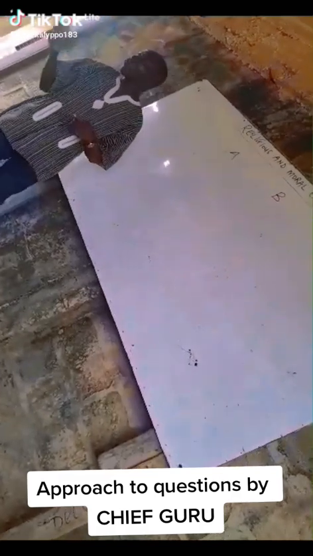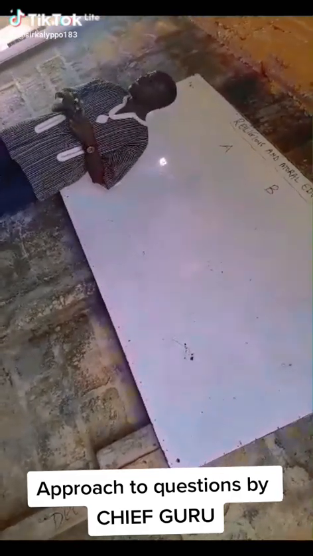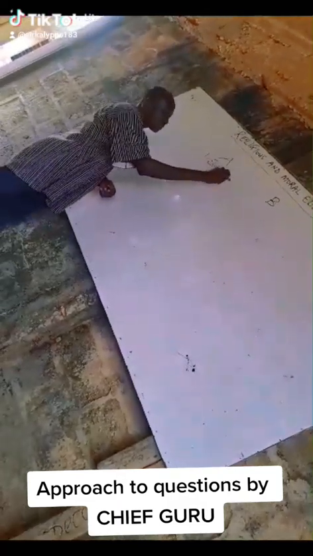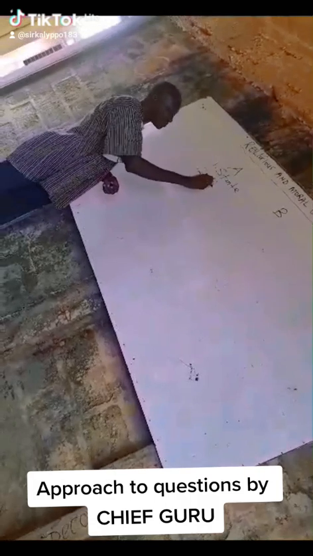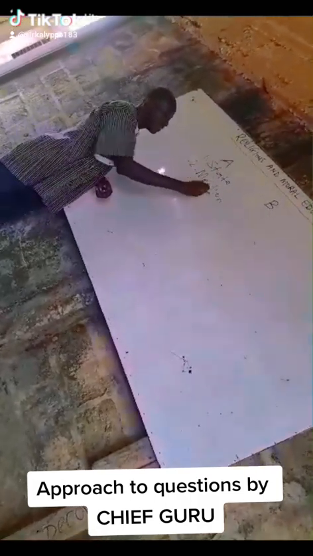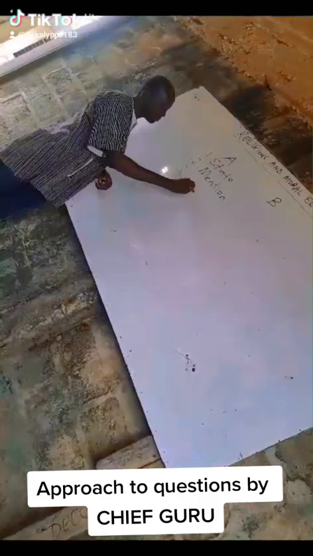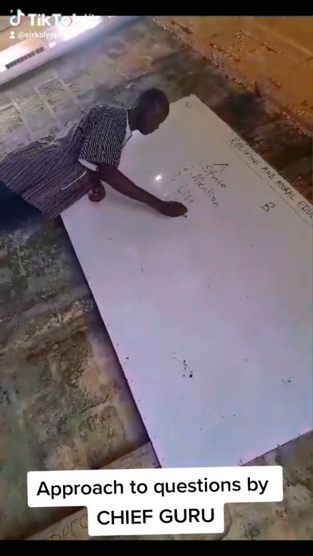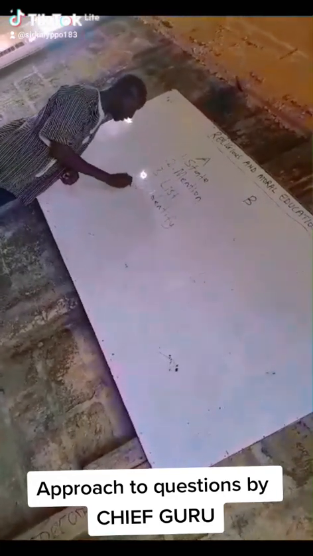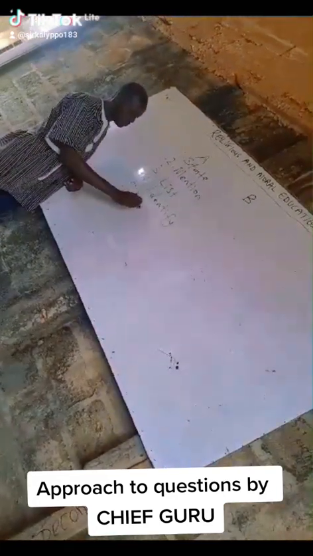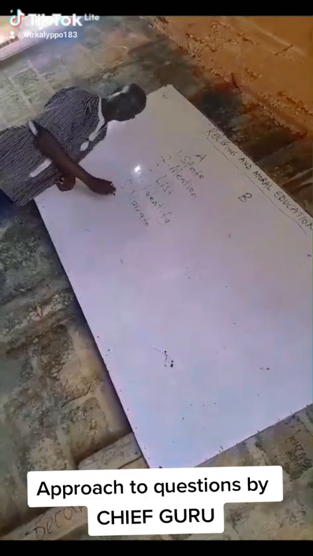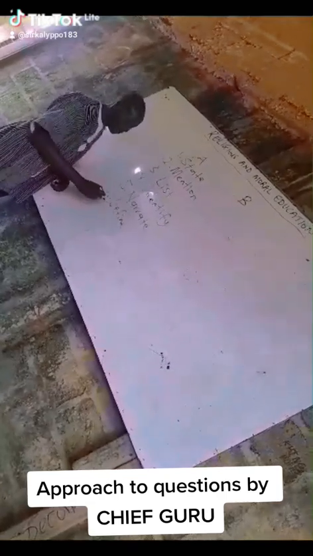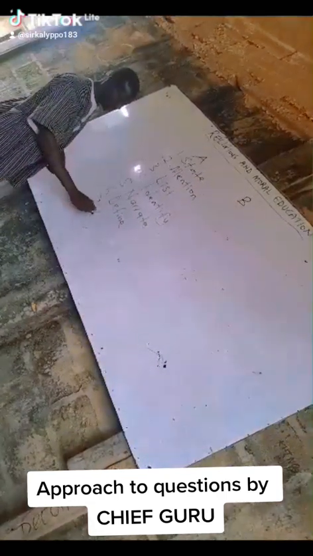What are the A group of verbs? They are verbs such as state, mention, list, identify, narrate, define, and the last one, what is.